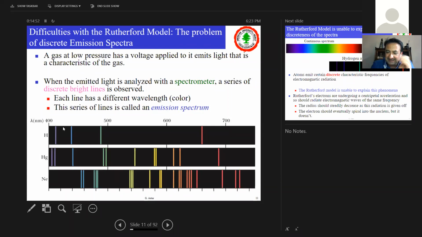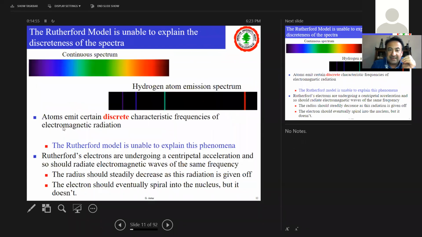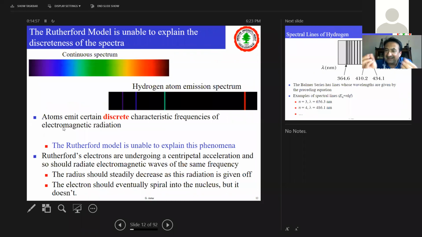And of course, the fact that these rays are discrete and not continuous is information in itself. So we have two pieces of information here. One is the discreteness of the spectrum: it's not continuous, it's discrete. And the second is these wavelengths that we see. This is, for example, ultraviolet, that's blue, that's green, and that is red. So for each one of these, I can determine the wavelength.